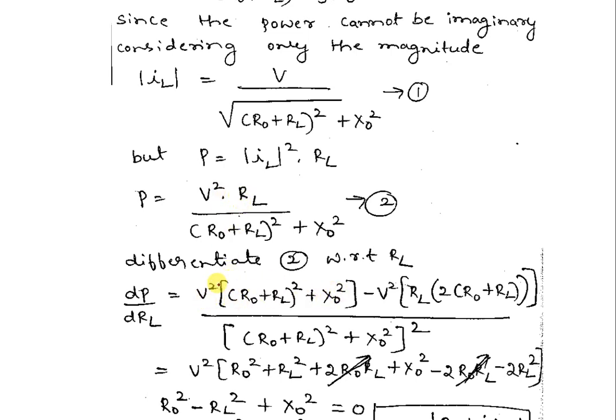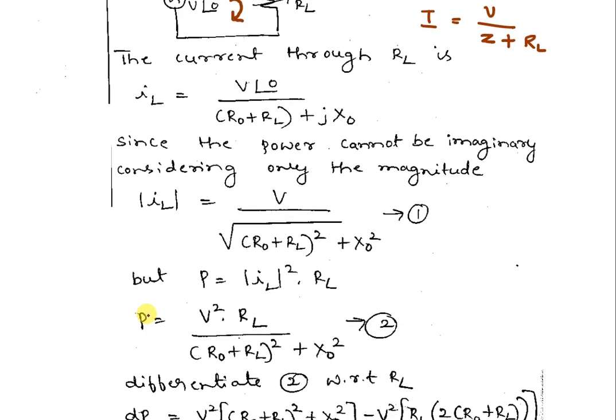So you get the first term, and second, minus the numerator V square into RL, times the differentiation of the whole denominator with respect to RL.